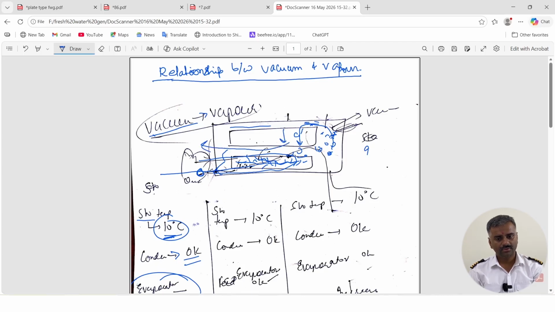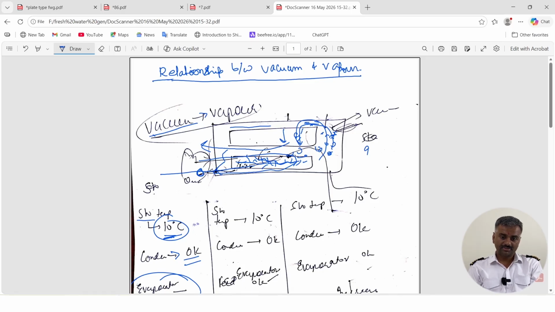Now, since there is nothing causing a problem with the vacuum, because whatever vapor is present is getting condensed, in that case there will be no problem with the vacuum. You understand? Even though initially I had this perception that if your evaporator is choked, it will completely heat up the unit, the cell temperature will also rise, and even your vacuum will fall.